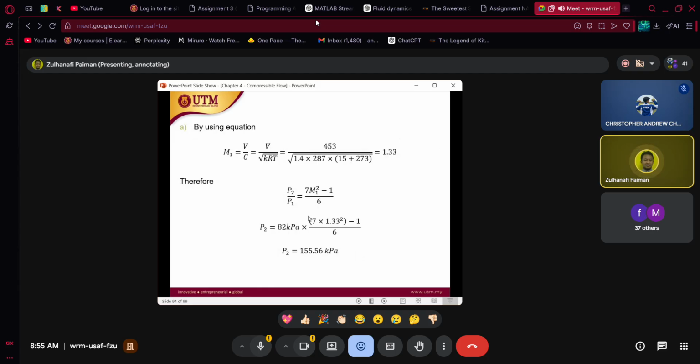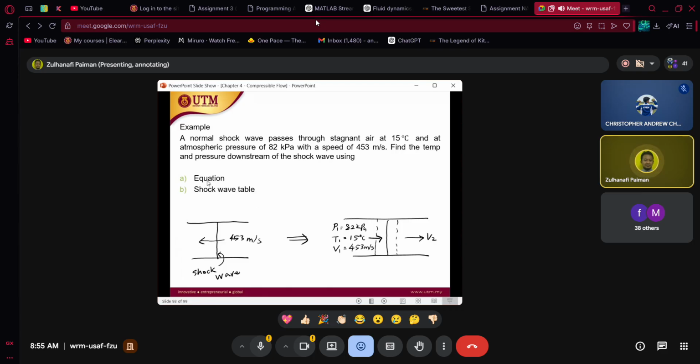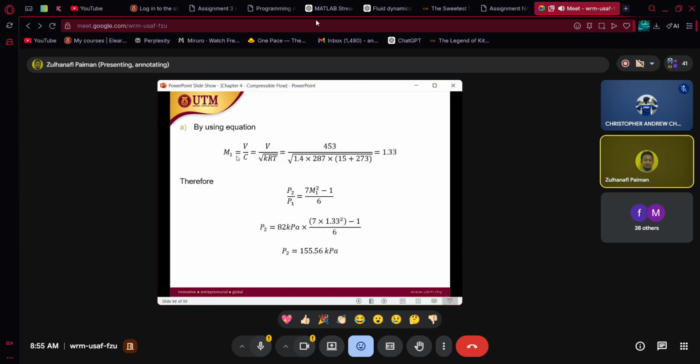The first question is using equations. So we have to find the Mach number first. Mach number 1 is V over C. We know the velocity is 453, then we get Mach number 1 is 1.33.